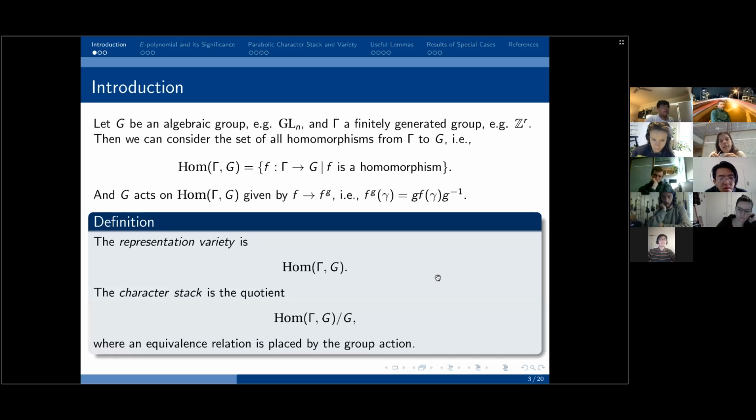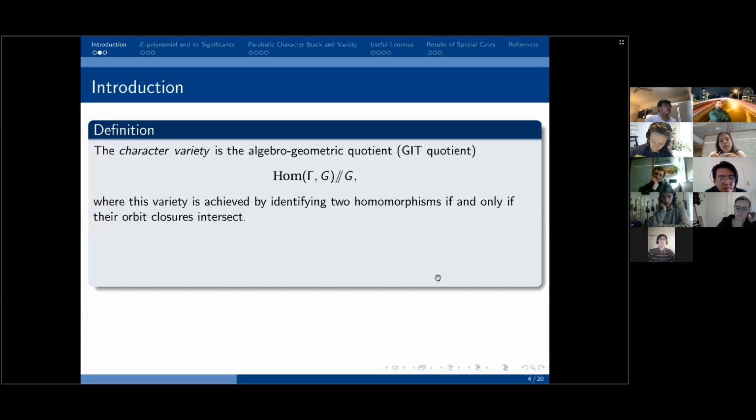And there is one more geometric object, which is called the character variety. This is the algebro-geometric quotient, sometimes called the GIT quotient, of this representation variety. And here, two homomorphisms are identified when their orbit closures intersect.